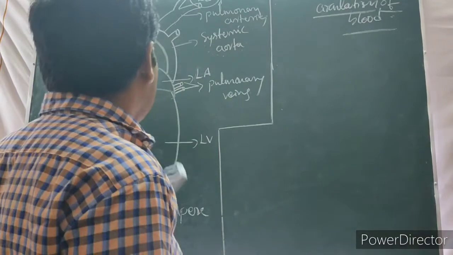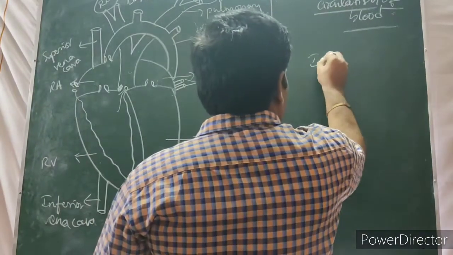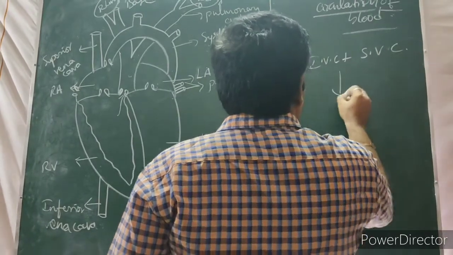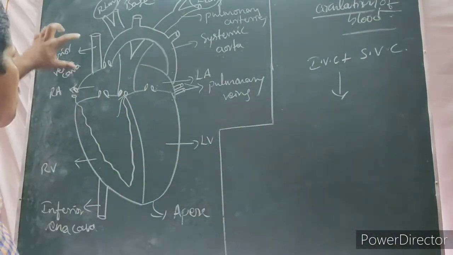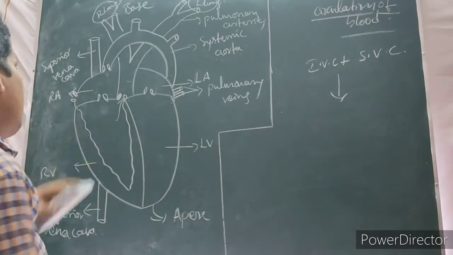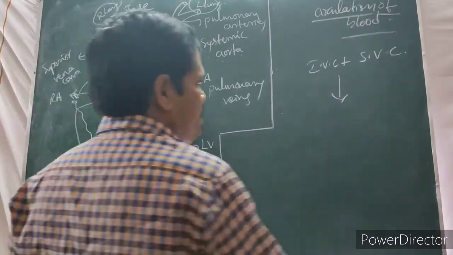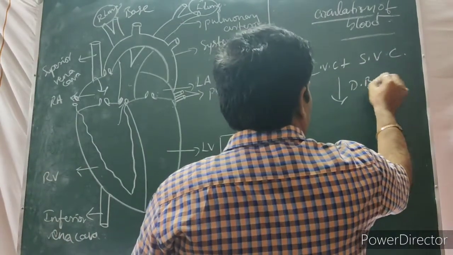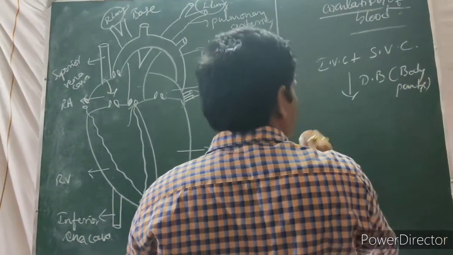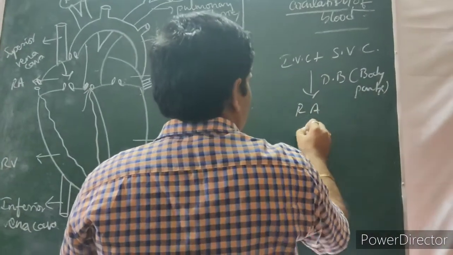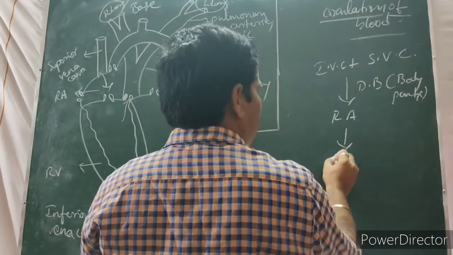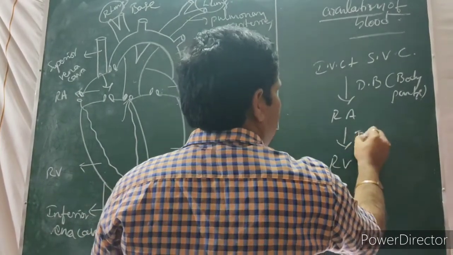See, the inferior vena cava and superior vena cava both collect the deoxygenated blood from the different body parts and give it to the right atria. Then between the right atria and right ventricle, there is a valve, the tricuspid valve.